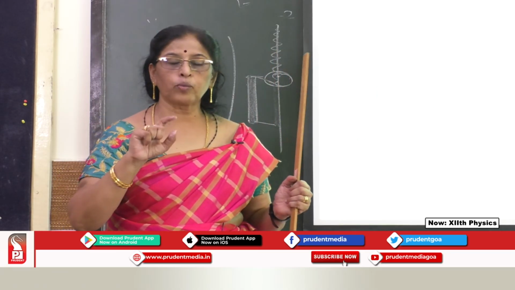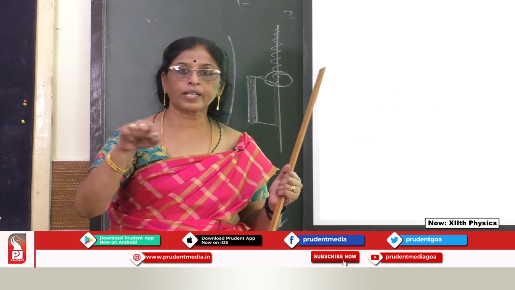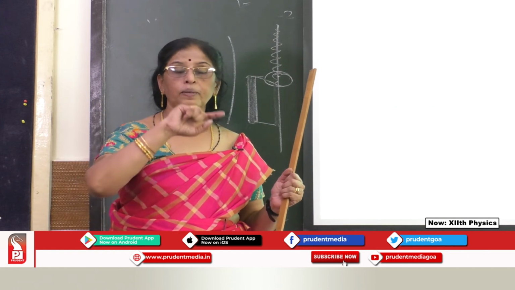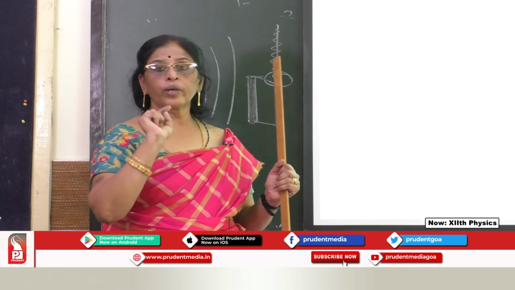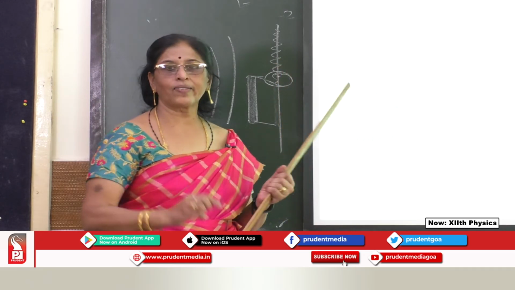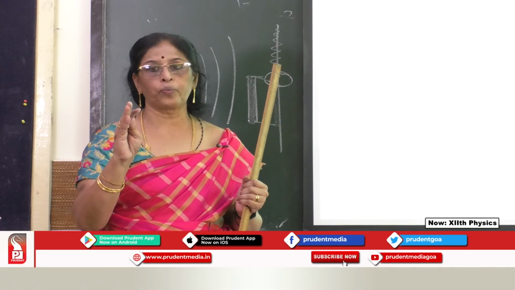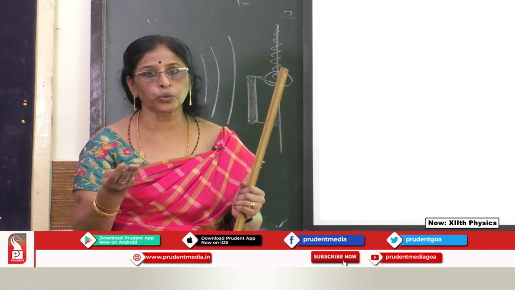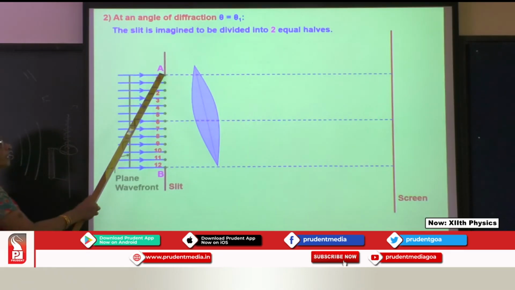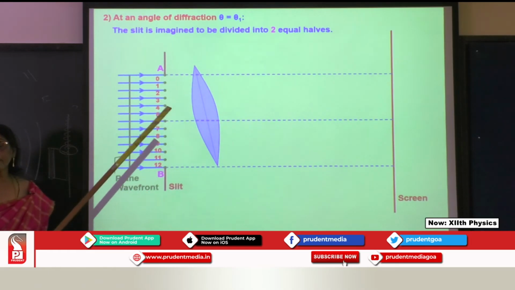To complete one wave the angle is 2 pi. So when you consider half the wavelength, half of 2 pi is pi. It is lambda by 2. Each one is traveling with a path difference of lambda by 2.